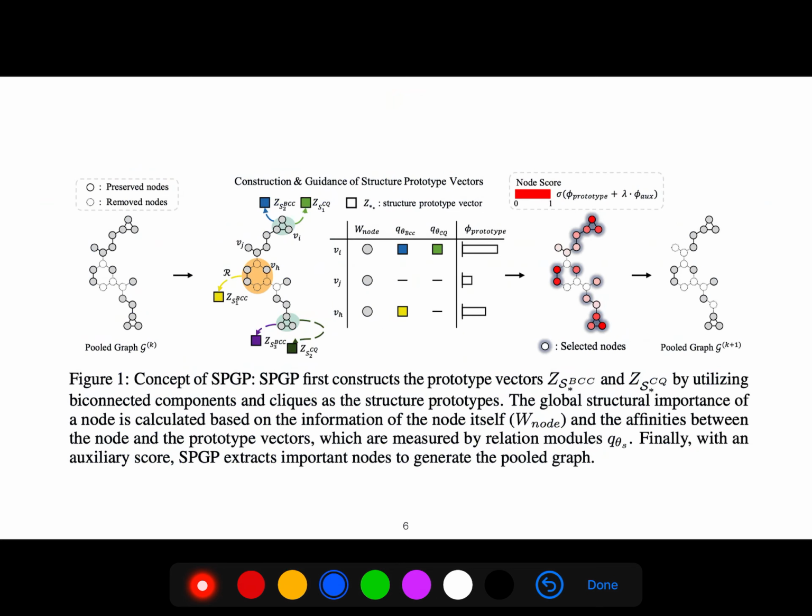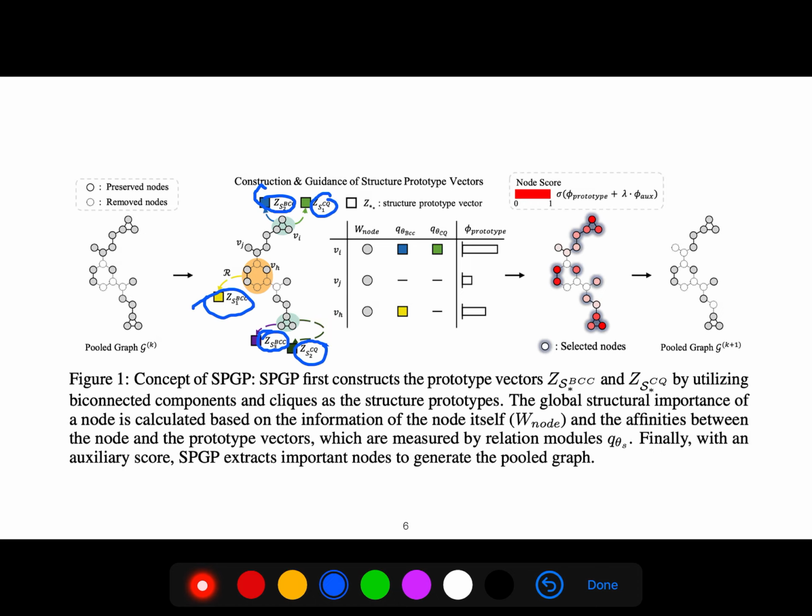You see the concept of SPGP. SPGP first constructs the prototype vectors z sub s, for example z sub s1, z sub s2, z sub s3, and so on, by utilizing bi-connected components and cliques as the structure prototype.